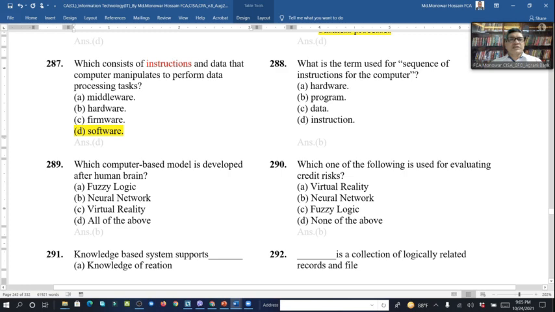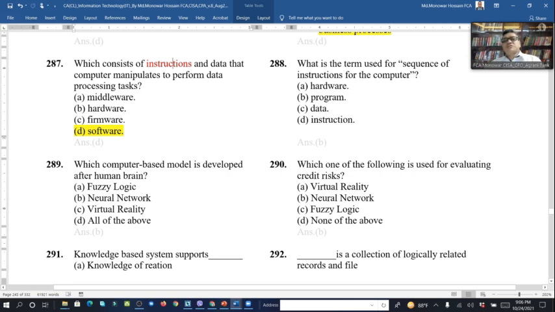Software consists of instruction and data that the computer manipulates and performs data processing tasks.